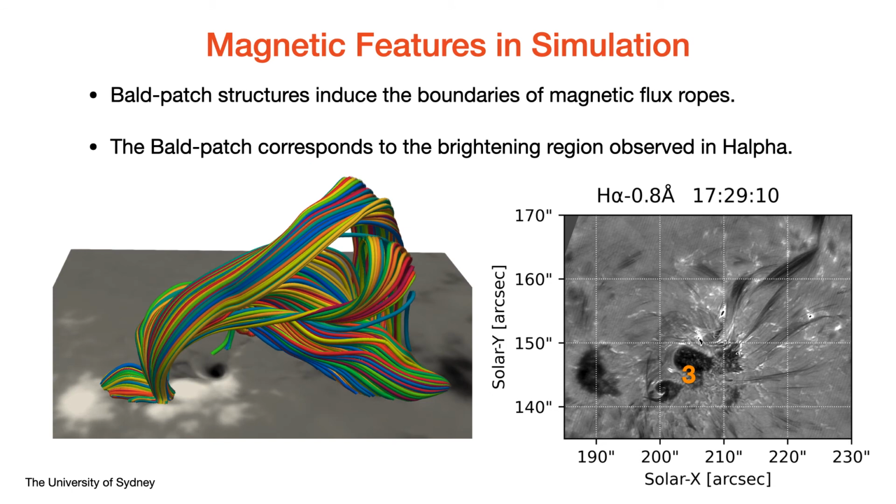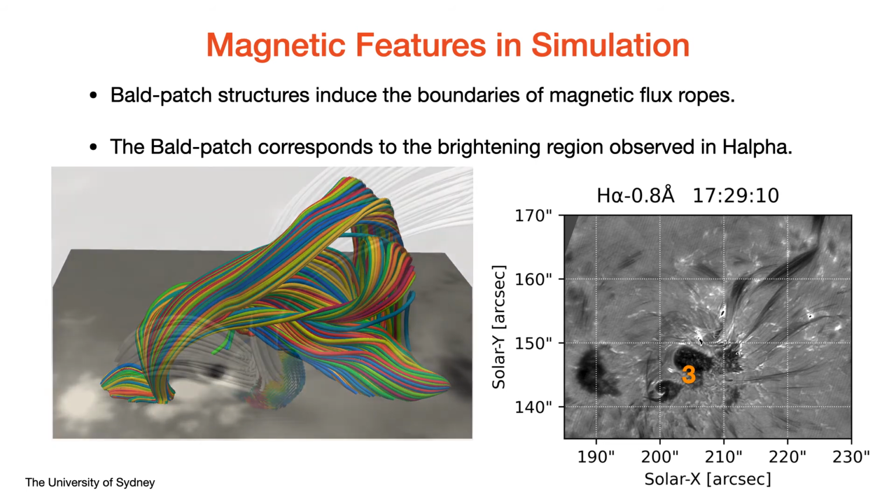The brightening number 3 comes from the ball patch here, whose separatrix layers separate the rising and the stable flux loop. It seems to fill the full active region because this lobe is relatively larger than the third one. Zoom in on this image.